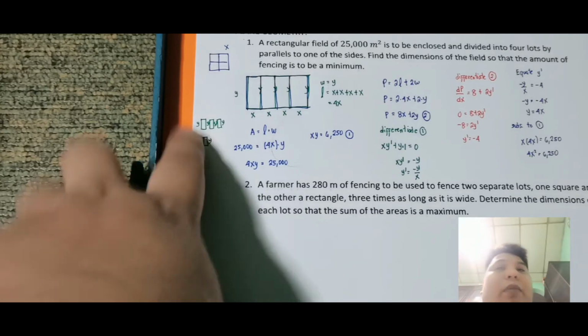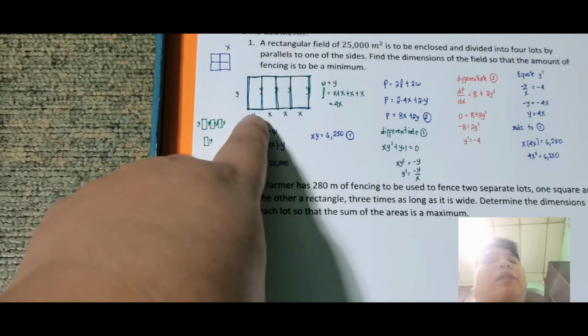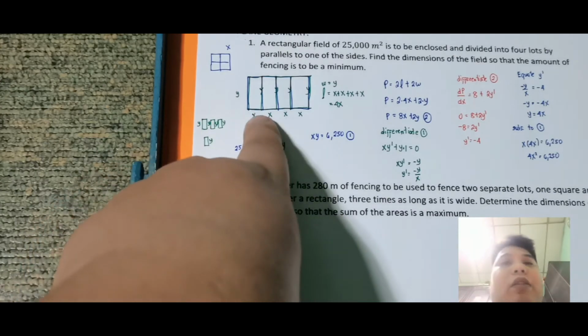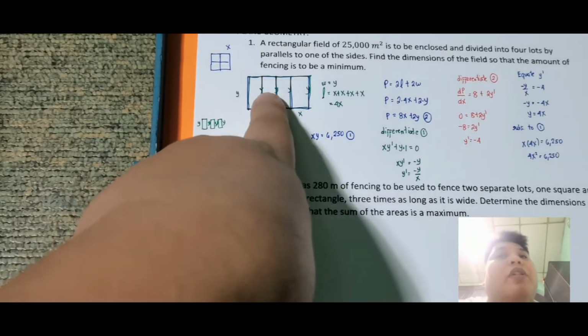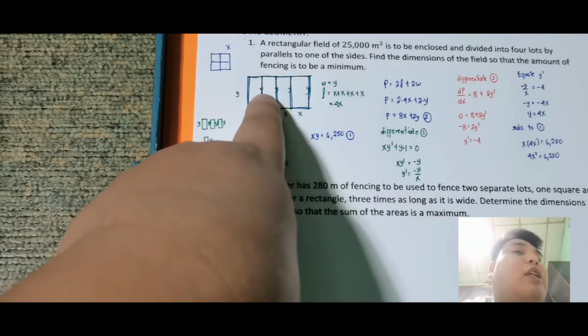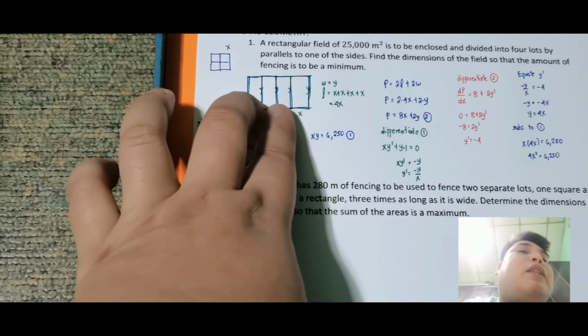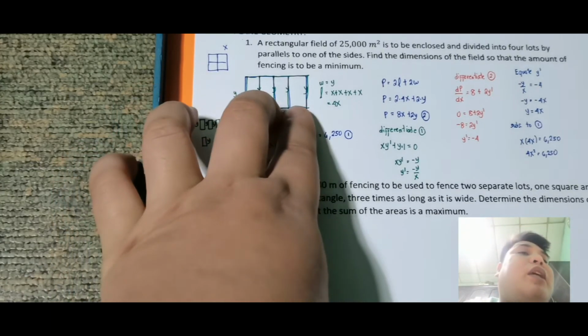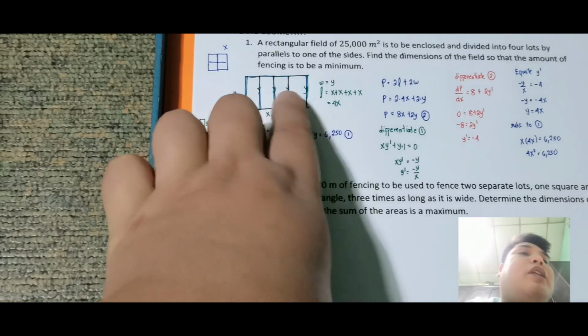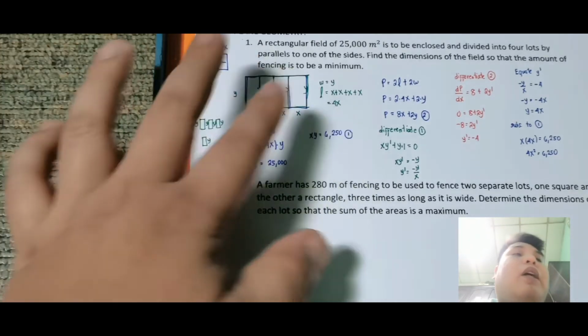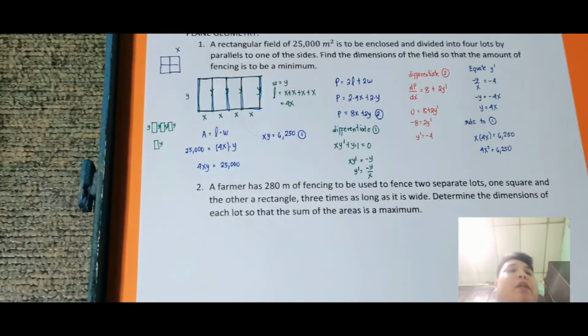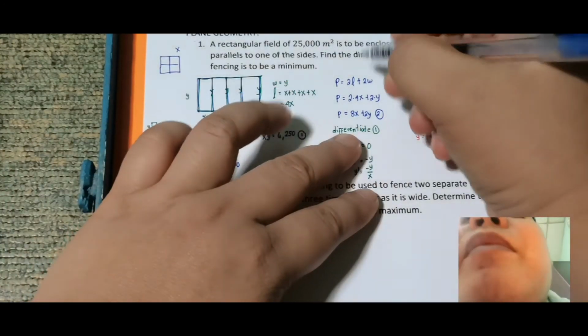Again, 2x plus y. Bakit sir 2x plus y lang? Kasi ganito mangyayari. 2x plus dalawang y, yung isang y, isi-share lang dito. Kumbaga, yung dalawang lot, mag-share sila sa isang y. Similar dito, mag-share sila sa isang y, tapos ito. Kumbaga, all in all, dapat yung y na gagamitin natin, in terms of fencing, kasi nga hinati natin sila sa 5, is dapat 5 lang.